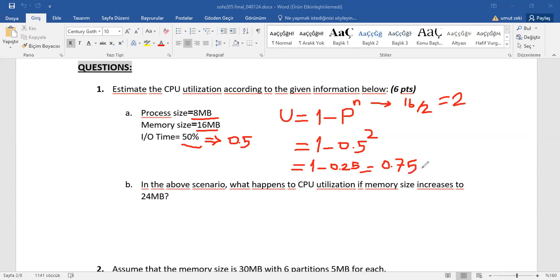It means the utilization of the memory is 75%. Okay, so we can find the utilization like that. Do you have a question about this?